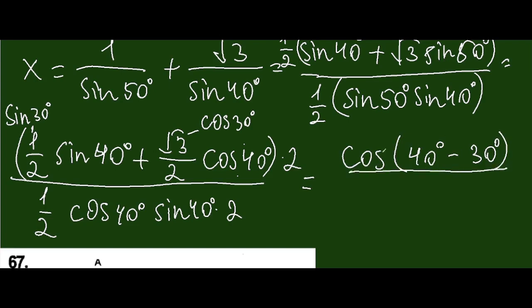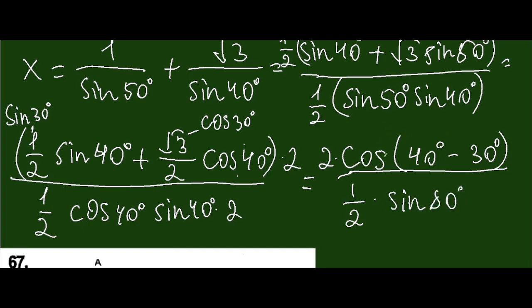If we just open by the formula, we can get the previous expression, and in the denominator we'll get sine 80 degrees, because it's 2 alpha. 2 times 40 will give us 80 degrees, so sine 80 degrees.